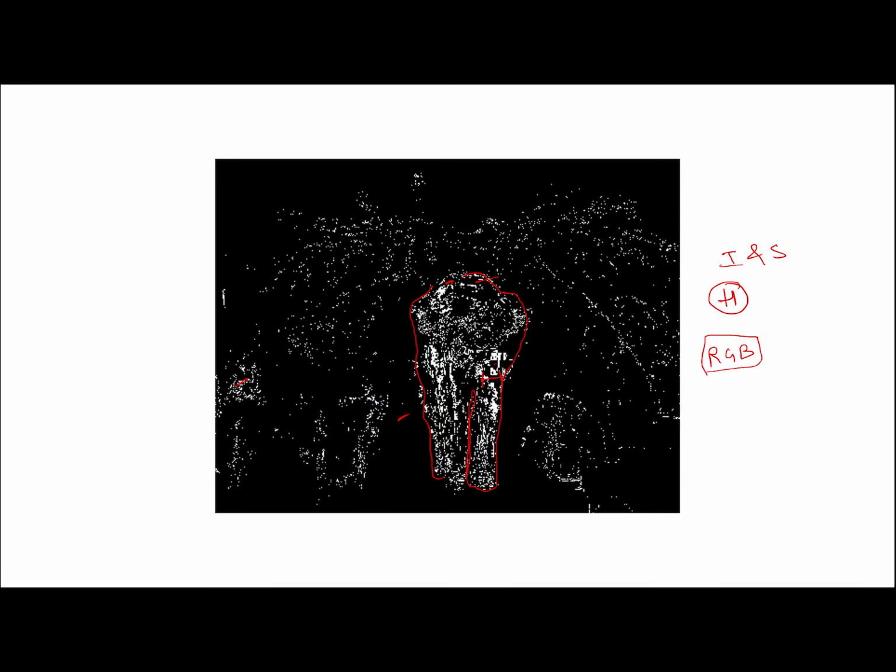When we do this, this is the image which we have obtained. There may be other objects which have similar hue to that of the elephant, so we may have a set of H, S and I values which give us this region.